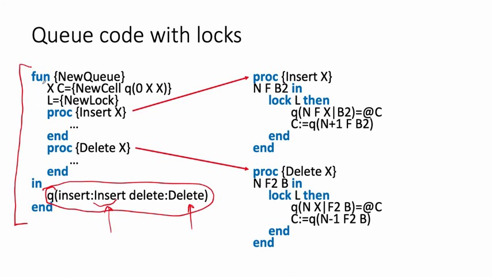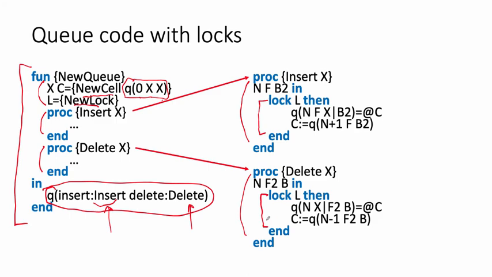Internally, the queue will have a cell. So the initial queue is empty. That is the tuple 0 x x, where x is unbound. And I will also create a lock. And then I will have insert and delete operations, and they're defined here. Notice that each one of them will use the lock.